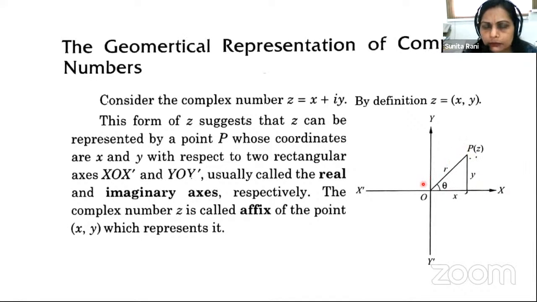And what the complex numbers say in this plane: corresponding to that complex number, there exists one and only one point in that complex plane. Or conversely, you can say that for every point in a complex plane, there exists one and only one complex number.